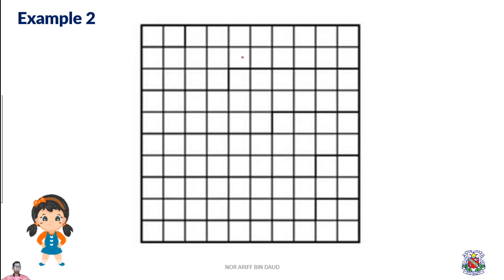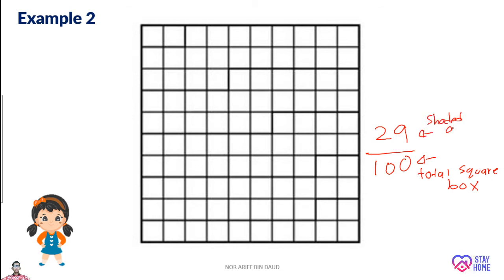Example number 2. I have the question 29 over hundreds. Okay, 100 stands for the total of square boxes, and 29 stands for the shaded area. So you must shade 29 boxes.